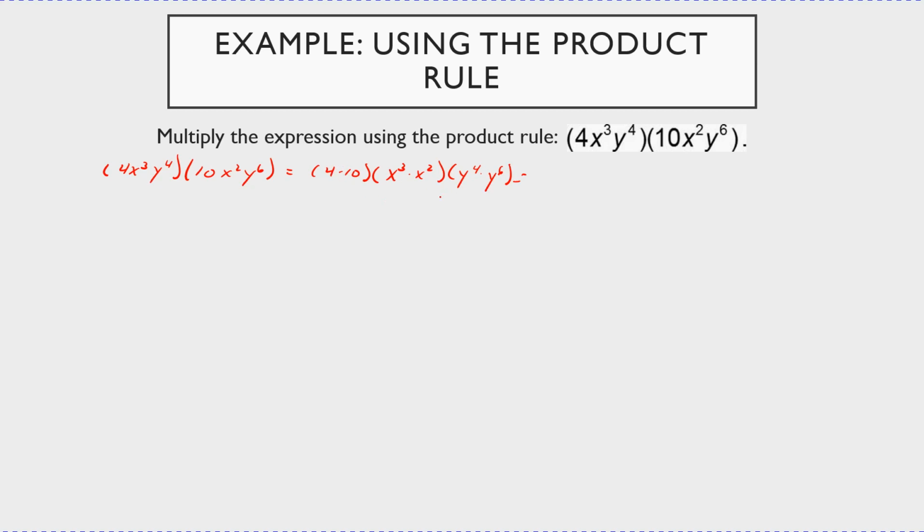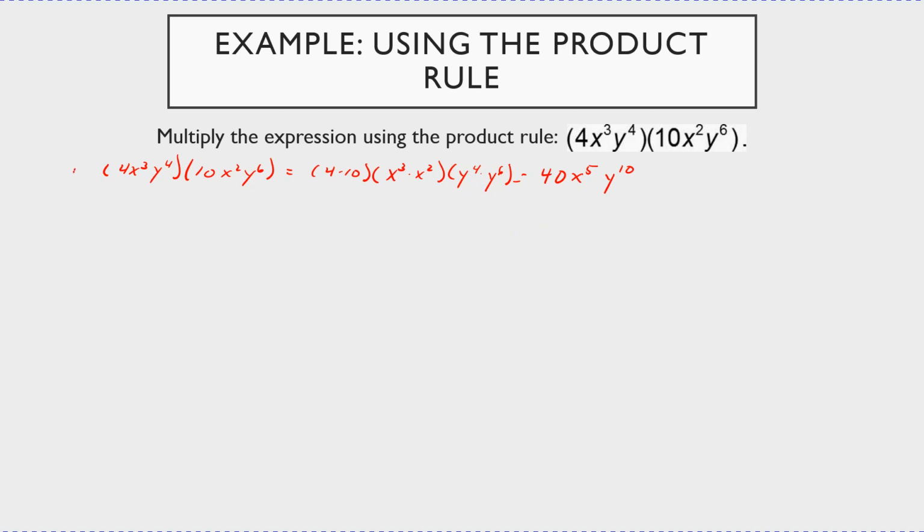What's 4 times 10? Well, that's just 40, obviously. x cubed times x squared: common base, so you add the exponents. Whenever you multiply common bases, you add the exponents. So 3 plus 2 gives me x to the 5th. And here, same deal. y to the 4th times y to the 6th would be y to the 4 plus 6, or y to the 10th.